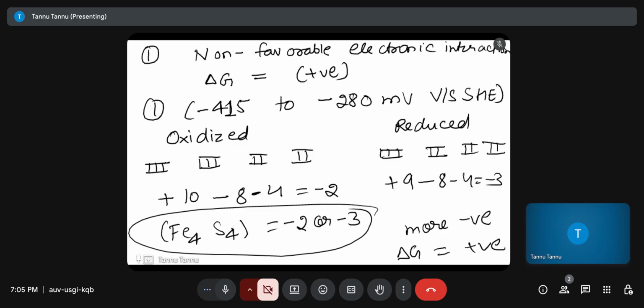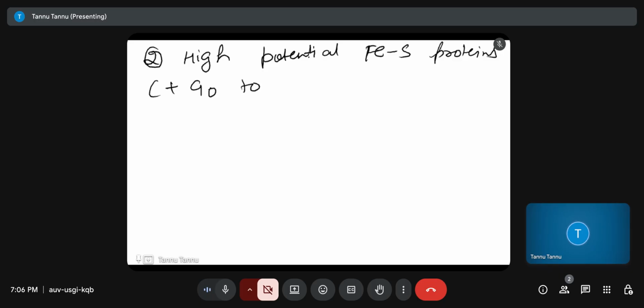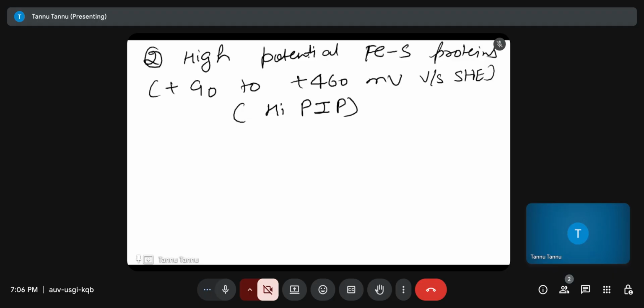The second example is high potential iron-sulfur proteins, where you require plus 90 to plus 460 millivolt of extra energy for conversion, and the example is HiPIP.